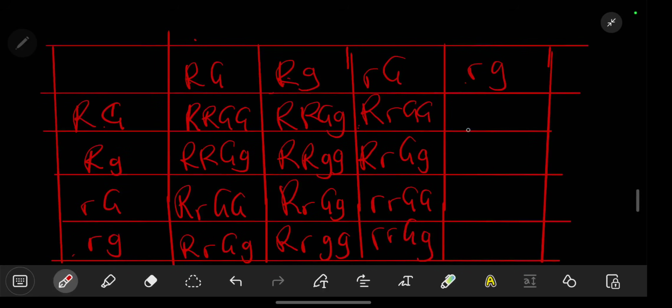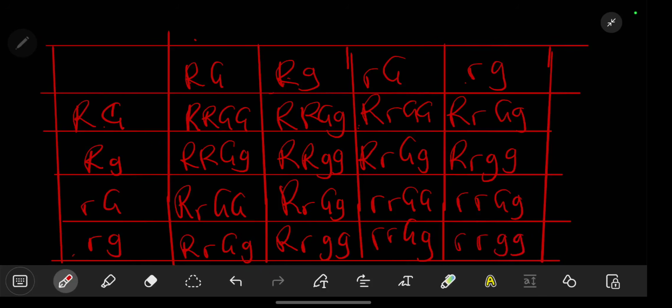Then we have our R, small r, big G, small g. We have our R, small g, like that. We have our R, small r, our big G, small g. Then we have our R, small g, like that. So that is how we come up with that cross.